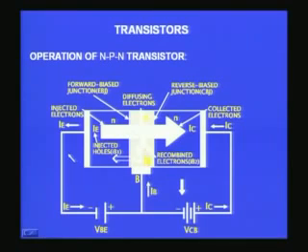If you look at this circuit on the base emitter side, you will find there will be a very small current flowing through the base, and a large current flowing through the emitter, because a large number of electrons are emitted into the base. That means there will be a current in the opposite direction, because conventional current is opposite to electron flow.